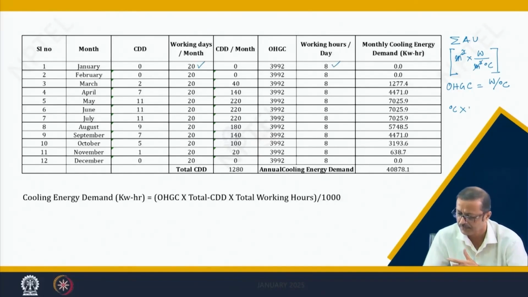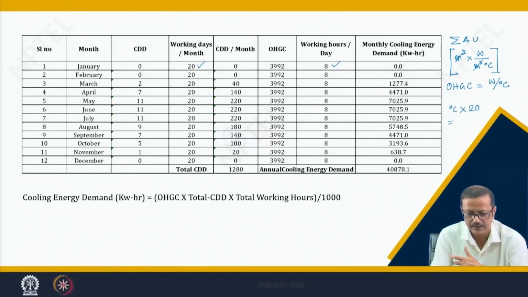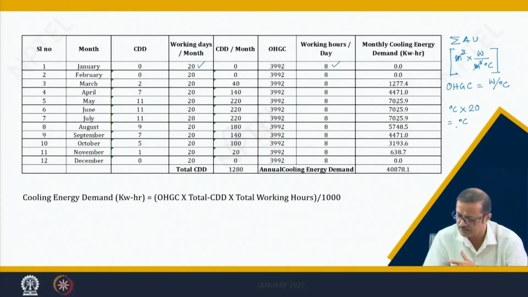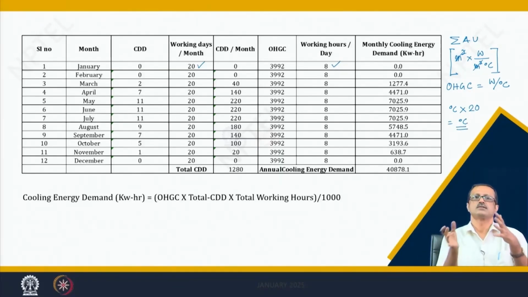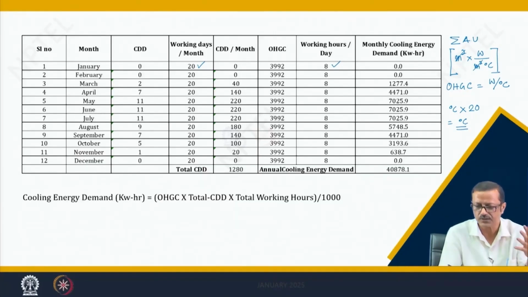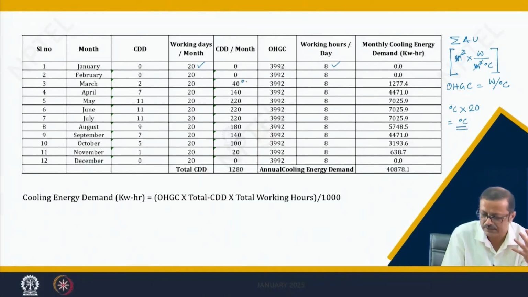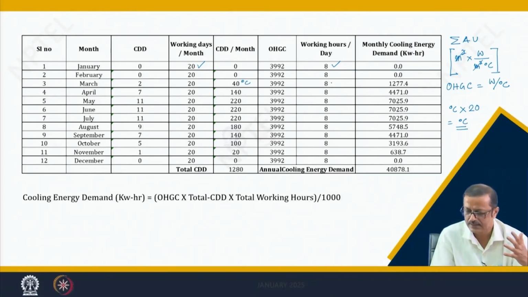So, the number of days, 20, gives a kind of degree C, because 20 days times 2 degree, so total your 40 degree. So, this is going to be some degree, and this is days, this is hours. So, what I am doing over here, OHGC, I am multiplying with CDD per month and multiplying by hour.